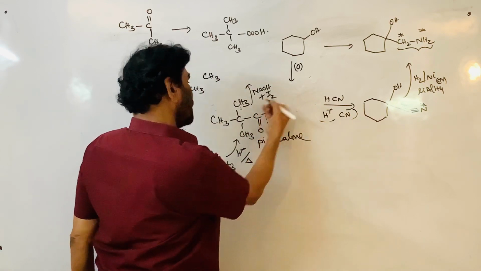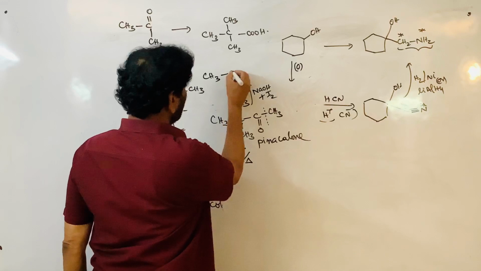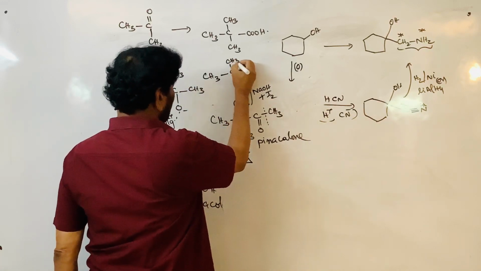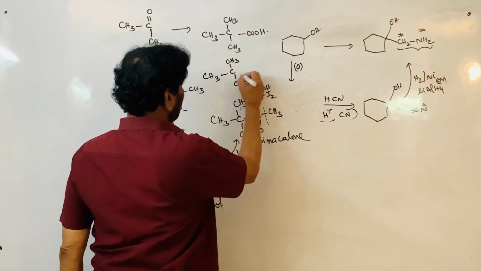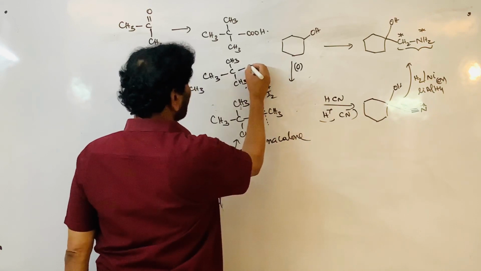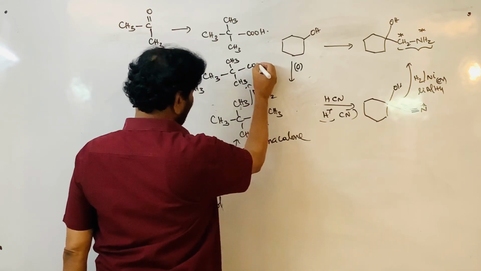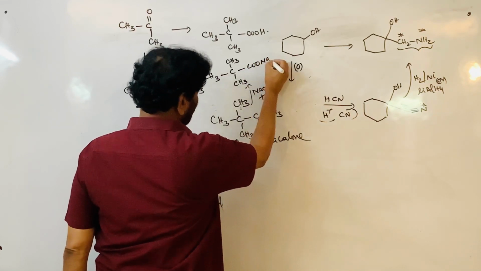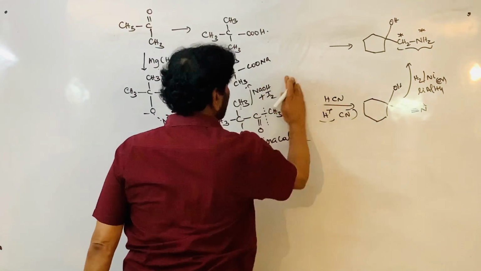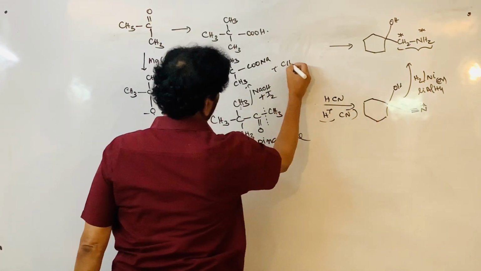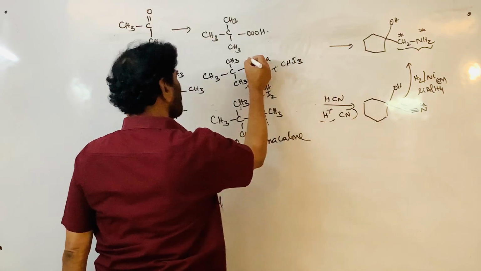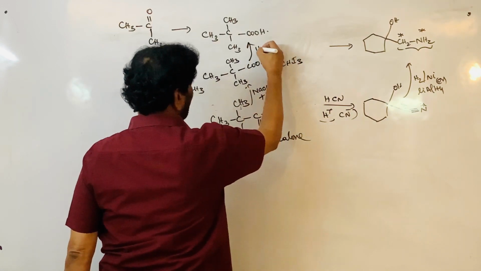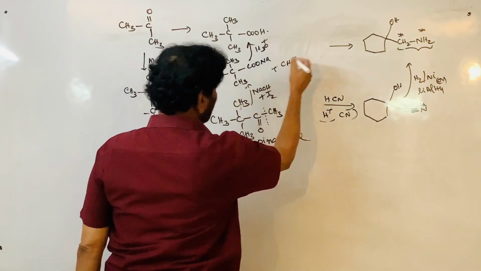This is converted into the CH3, this is CH3. Instead of the salt I am writing directly, but actually the sodium salt is formed, plus CHI3 is formed along with small other products. This on acidification gives this product.